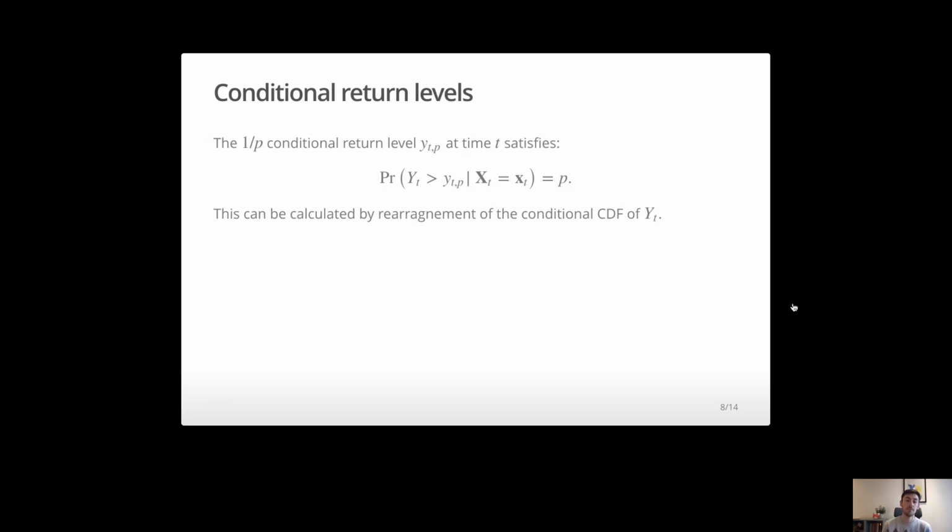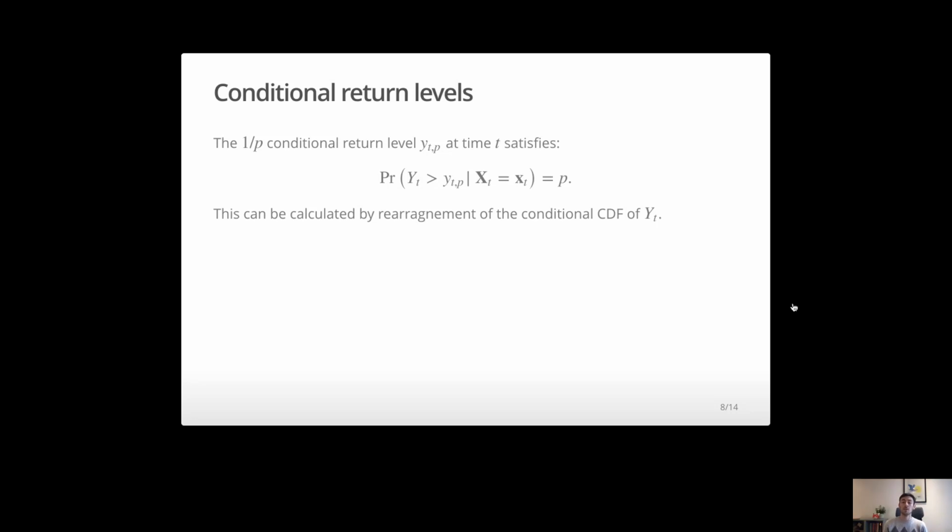So in particular, the 1/p conditional return level at time t is going to be described by the value y subscript tp, and it's going to be the value that is exceeded with probability p given the particular covariate values.